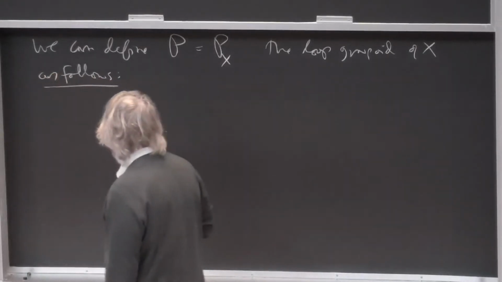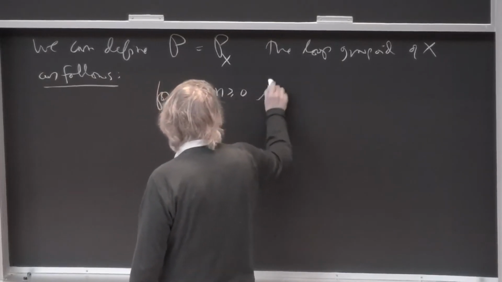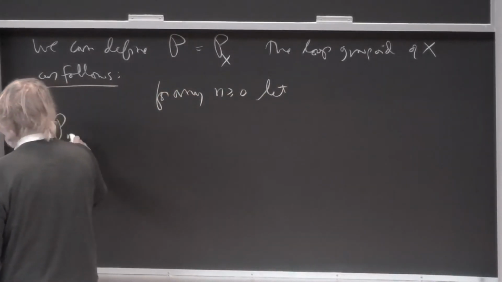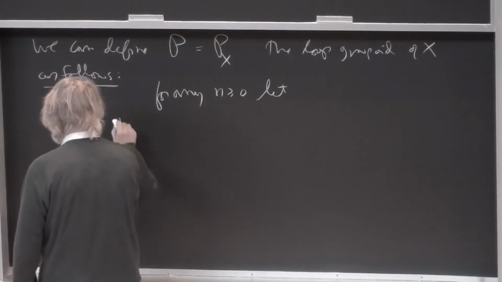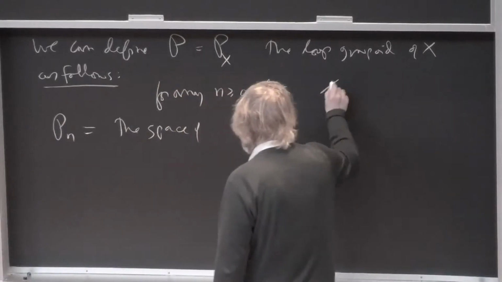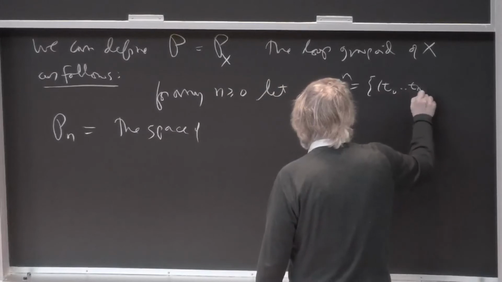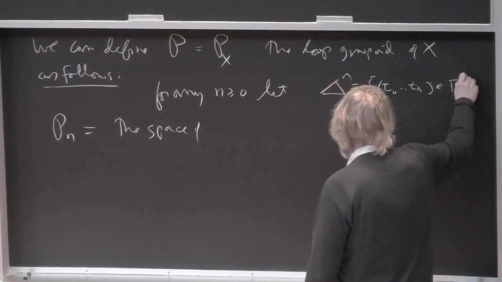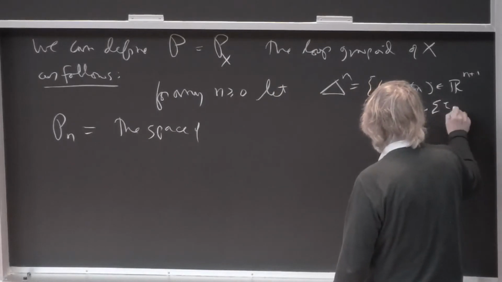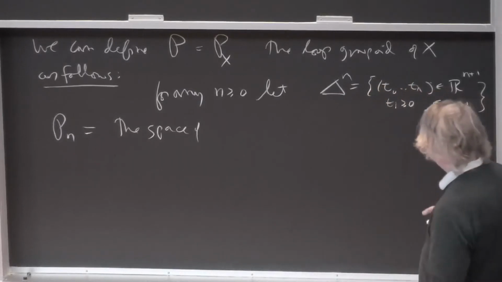For any n, let Pn be the space of maps. Let delta n be the set of points t0, ..., tn in R^(n+1) such that the ti are positive and the sum of the ti equals 1. That's just the real n-simplex.